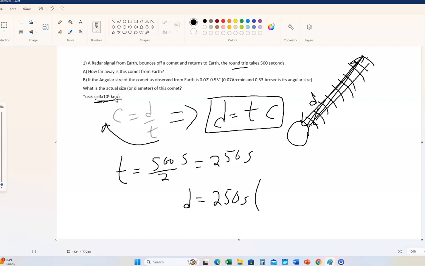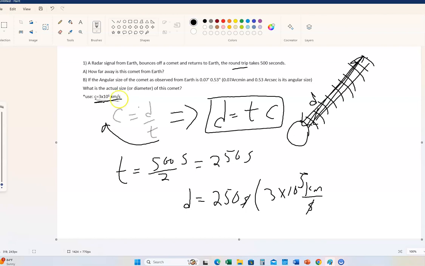In this particular equation, we want it in kilometers because we want to know how far away from the Earth this comet is in kilometers. So we plug in the speed of light, 3 times 10 to the 5th. Sorry, that's supposed to be a 5, and that's of course kilometers per second. And this seconds cancels this seconds, and that just leaves us with kilometers.